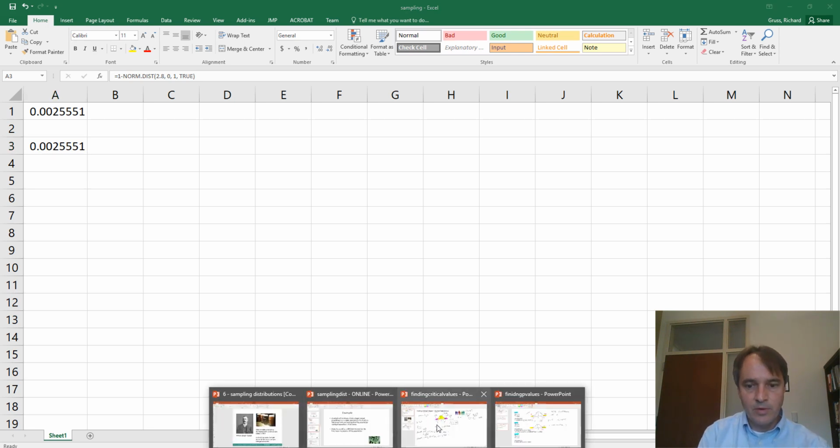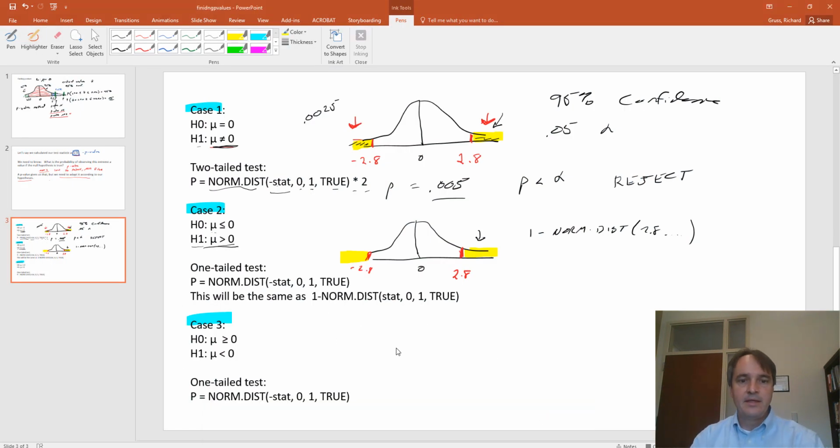We've seen this area before. It was the same one that we got over here, but now we only care about one of these tails, because we're only going to reject if it's in this area here. So in this case, our p is 0.0025.